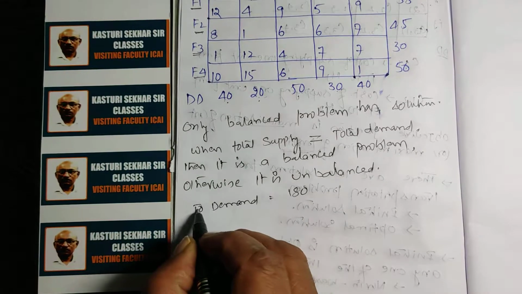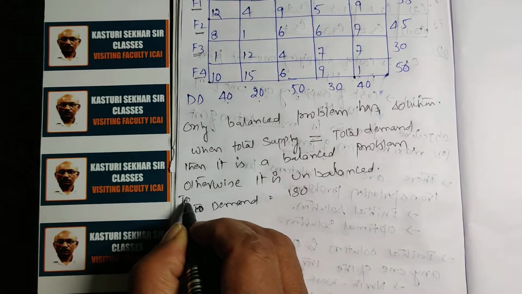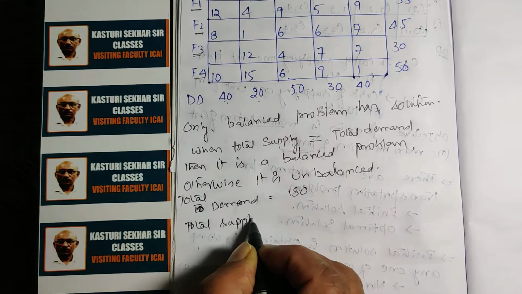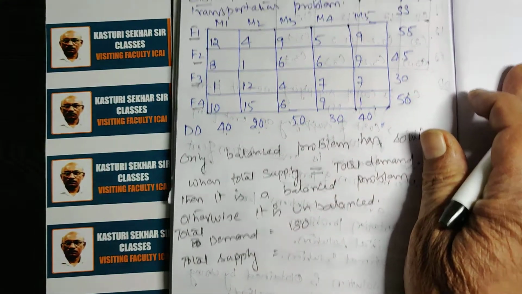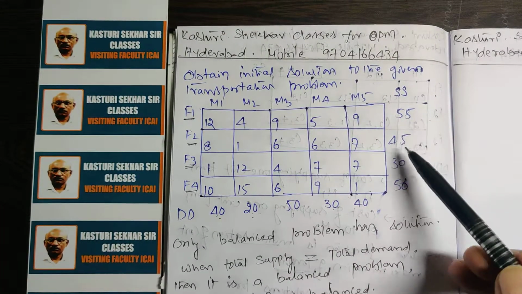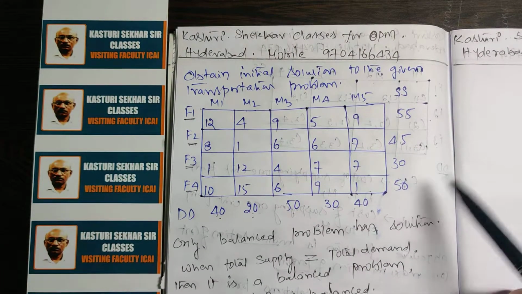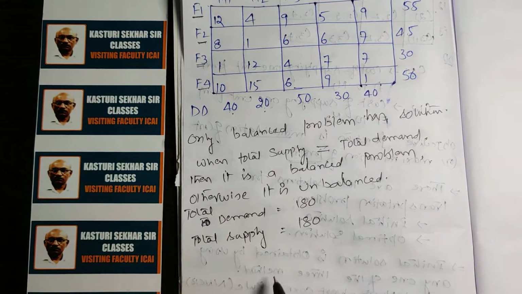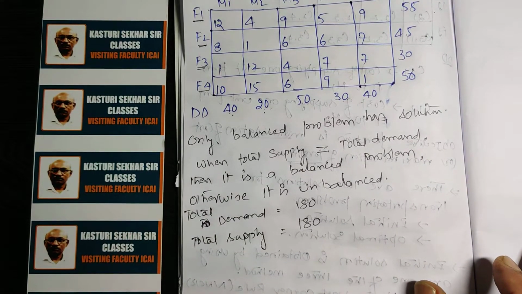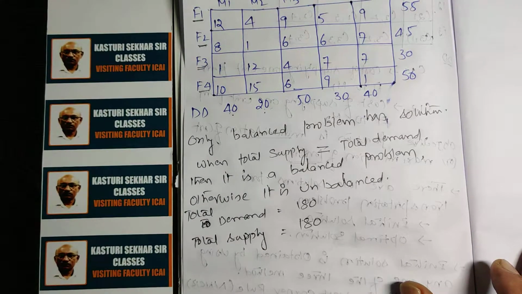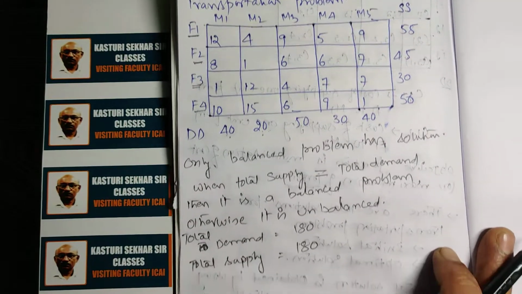Total supply is equal to 55 plus 45, 100, 130, 180. Total supply is equal to 180. So total demand is equal to total supply. So it is a balanced problem, and you can proceed for the solution. Fine, sir.